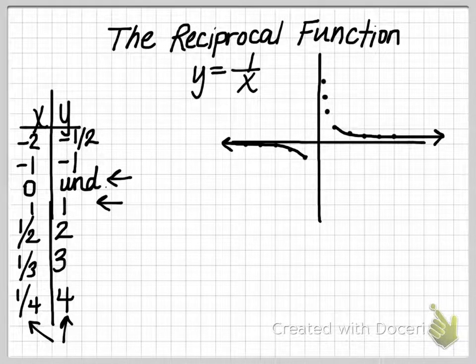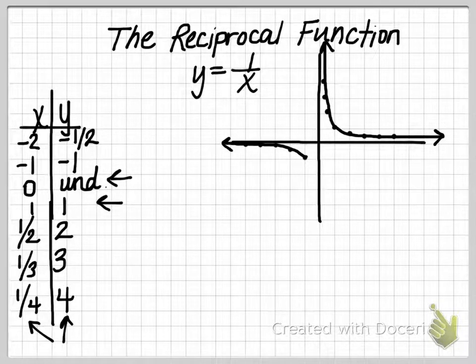In fact, you can see as I keep inputting smaller and smaller x values, they're still positive values, very close to 0, I get larger and larger y values. So we have this behavior on my graph where this piece of the graph is going to go up, getting larger and larger y values, but again, the x values are getting closer and closer to 0.